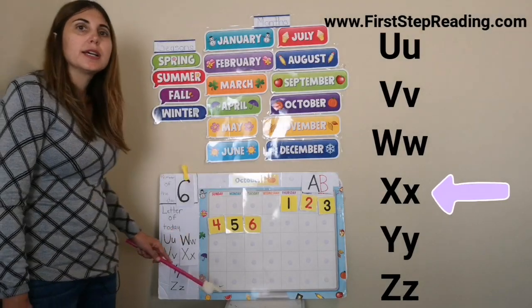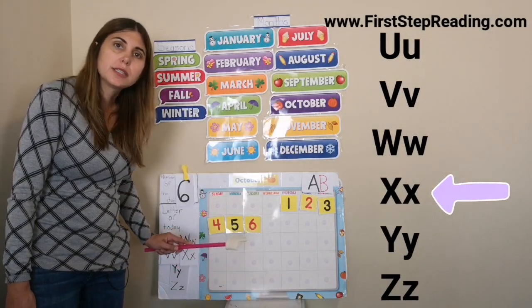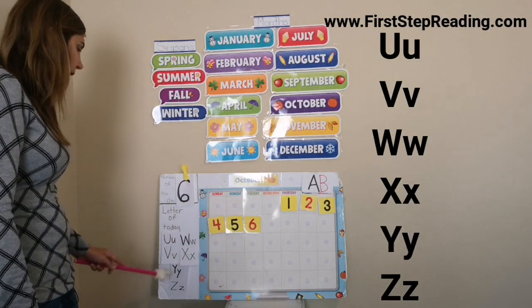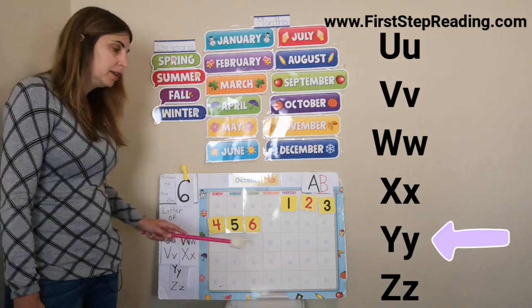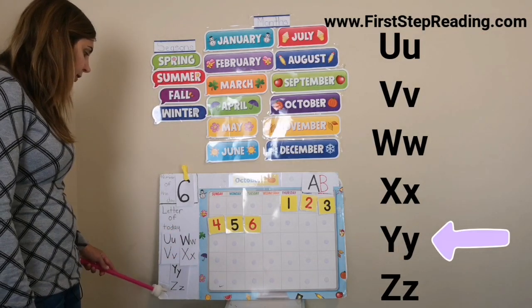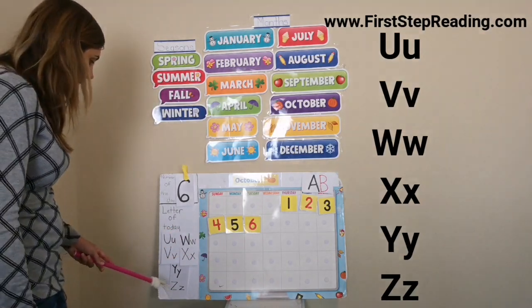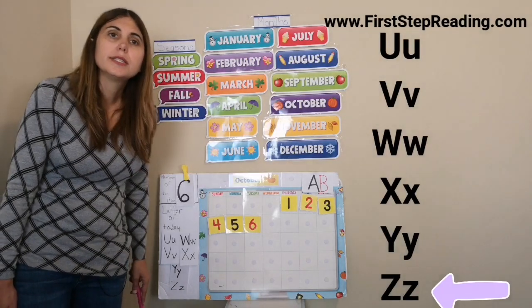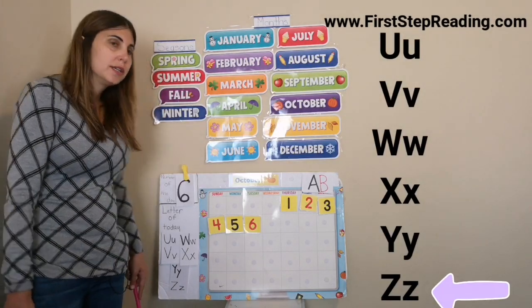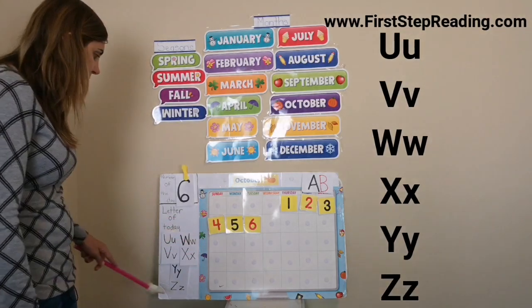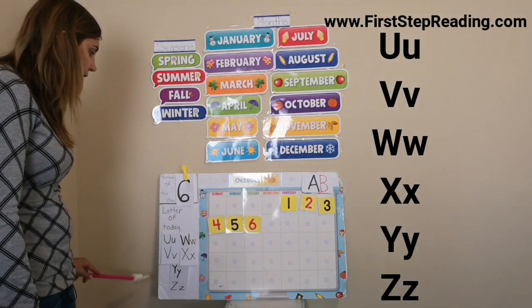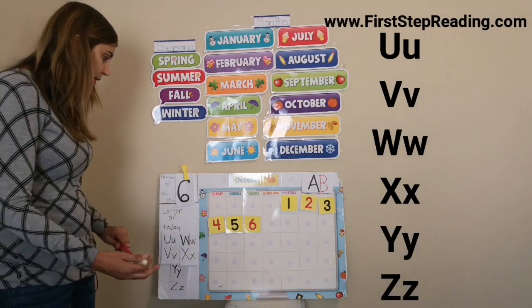An X says x, like X-ray. A Y says y, like yak or yogurt. And a Z says z, like zebra or zoo. Okay? So those are our letters of this week.